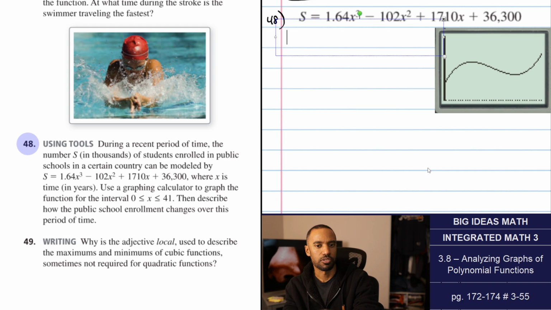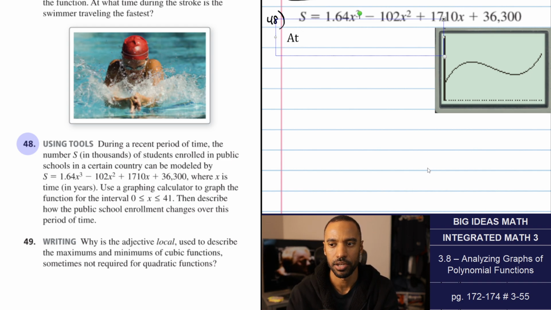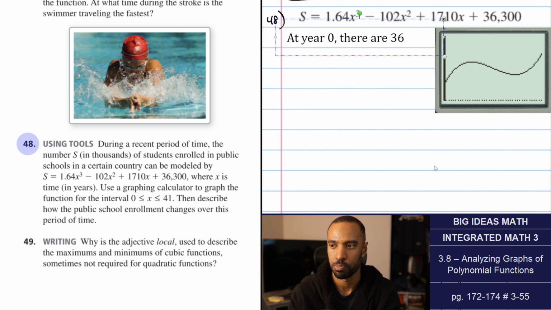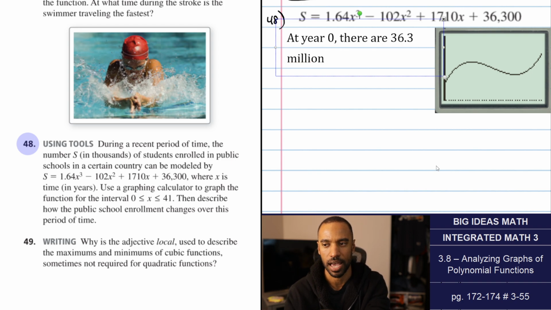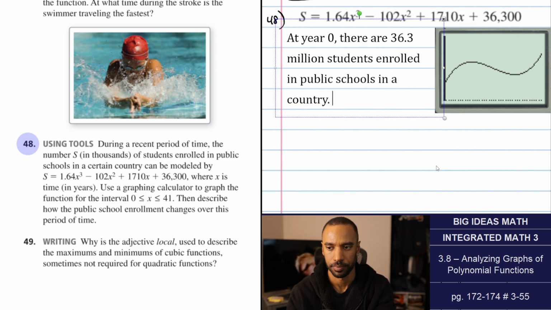So, okay. So what are they saying? The number S in thousands of students enrolled in public schools in a certain country. In this country, at year zero, there are 36.3 million, right? It's number in thousands, students enrolled in public schools in a country.